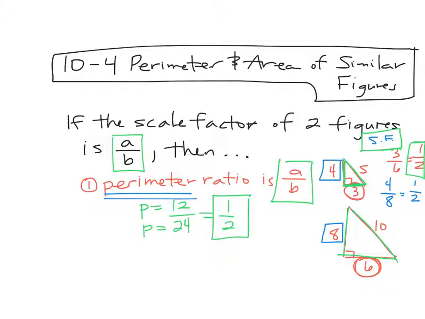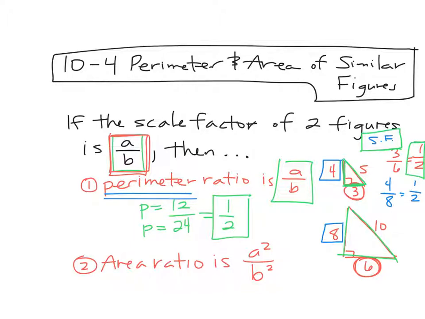But this is why they say it'll work out. Okay, so the perimeter ratio will be A to B. The second thing is the area ratio will be A squared to B squared. So now you would take that original scale factor of A to B and you just square both of them, and that will be your area ratio.